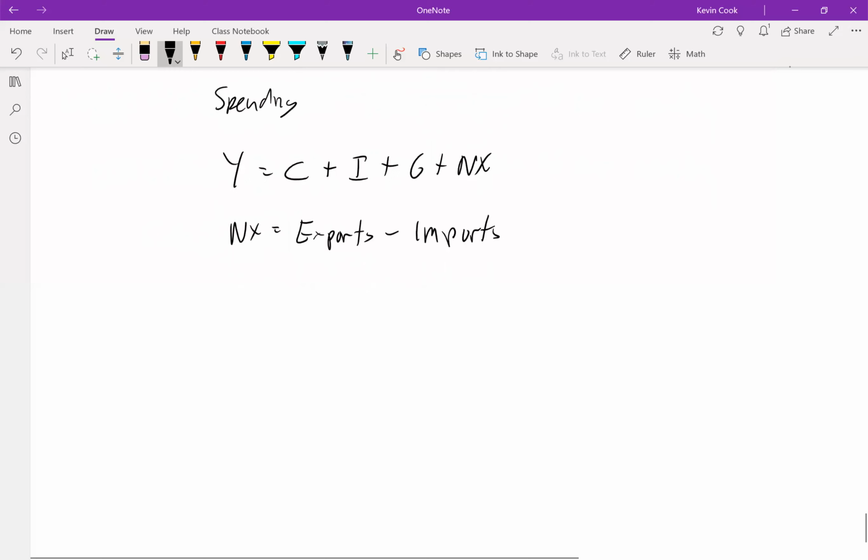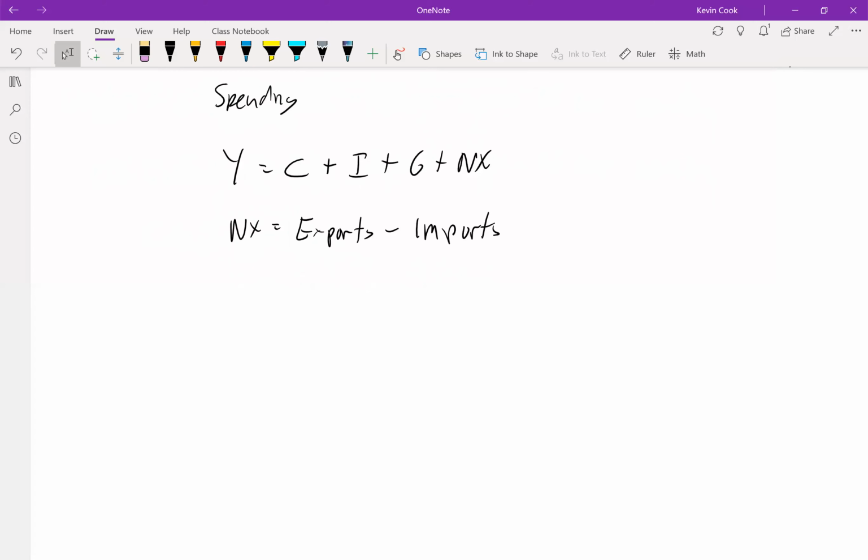Y is our GDP. C is our consumption. And consumption, remember, is spending done by consumers primarily.